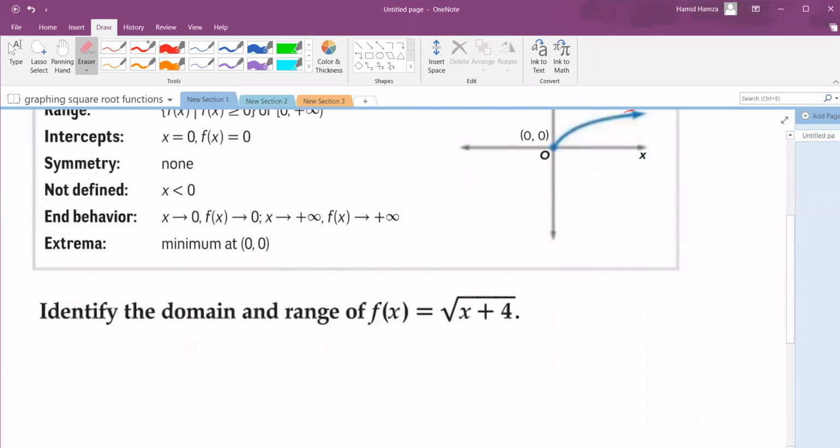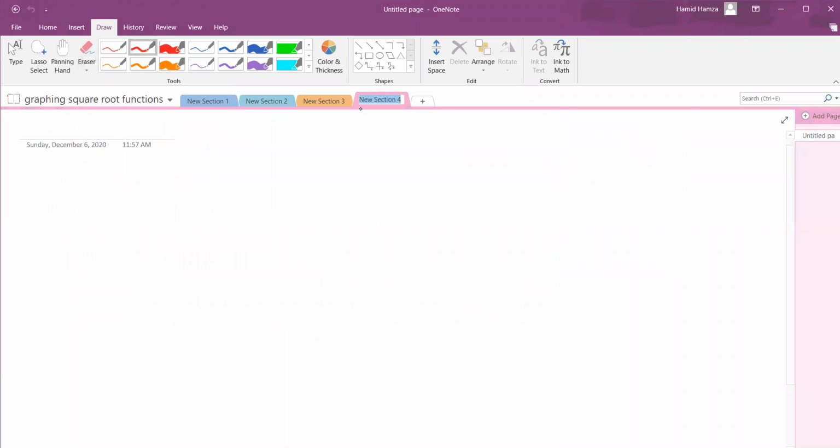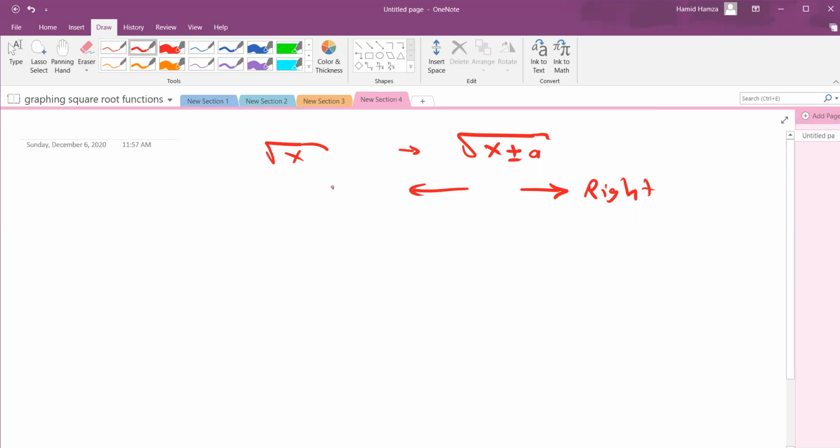Okay, guys. So let me show you the translation. So the parent function is root x. Any number written inside the root, that means if I write root of x plus or minus a, the function will translate either right or left. We take the number with x with the opposite sign.